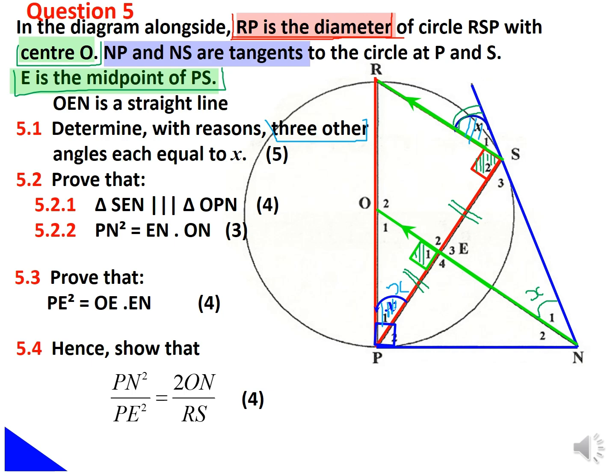So at point P, the angle P is divided into two. One is equal to X. The entire angle is 90. Therefore, P2 is equal to 90 minus X. We also notice that the line PN is equal to the line SN by tangents from the same point being equal, from where they touch the circle.